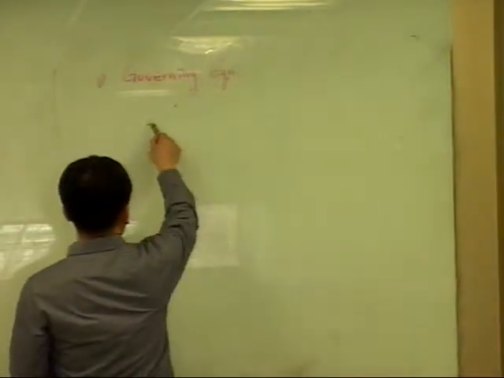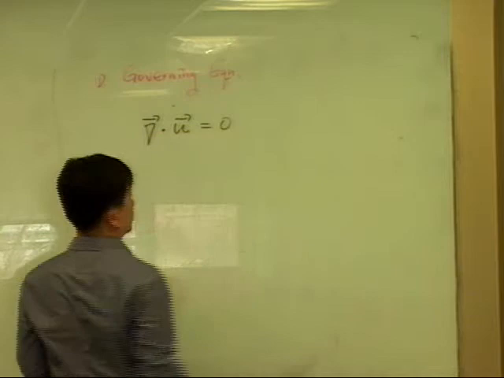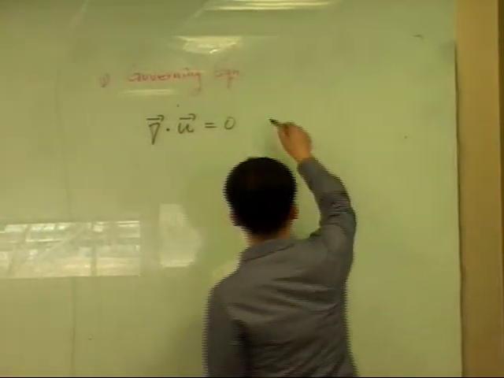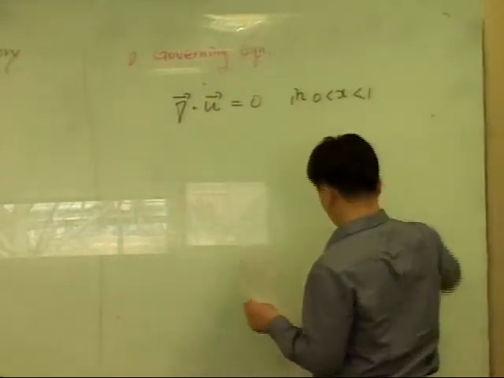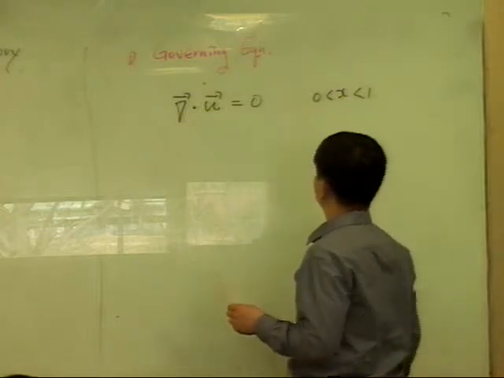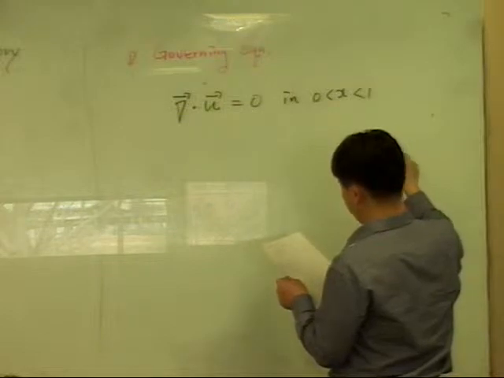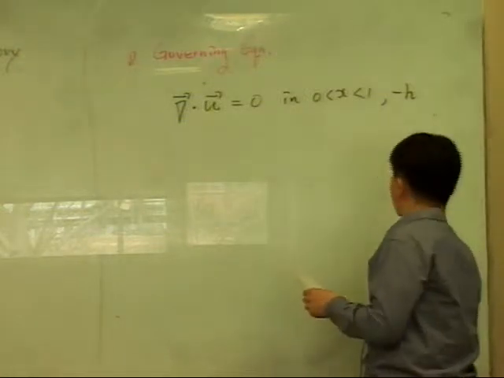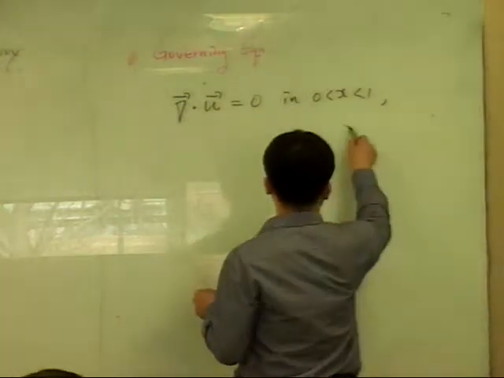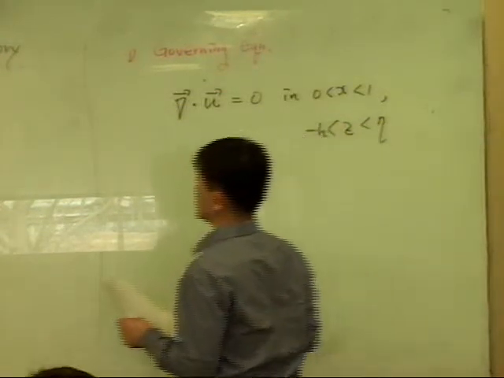In this water wave theory, the governing equation is the continuity equation, del dot u equals 0, in x from 0 to L, and z is from minus h to eta, the surface.